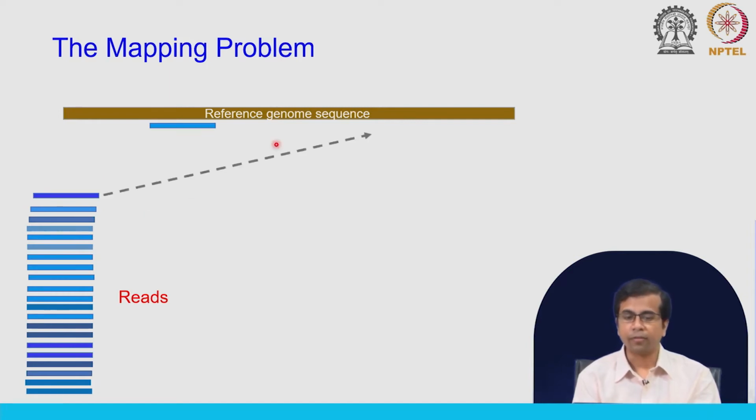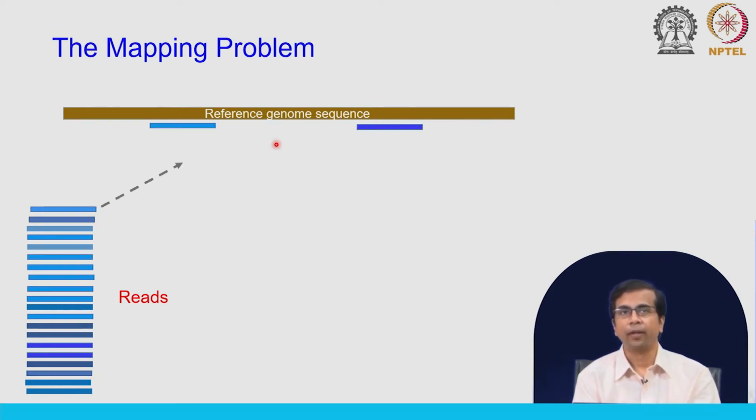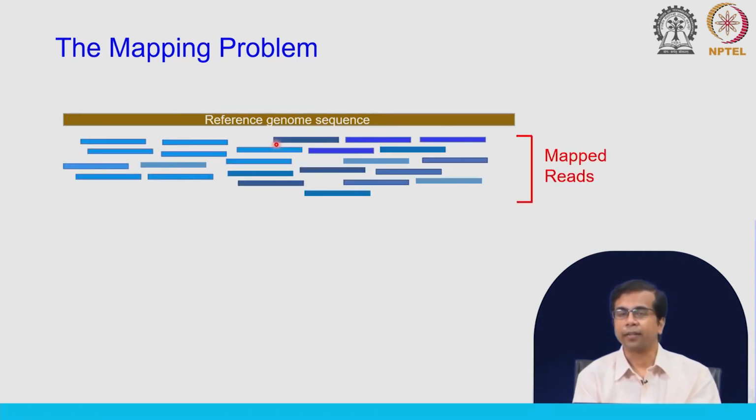We can continue with these reads and we see, okay, this read matches there and it is mapped there, and we continue this process for all the reads. Finally, we get this kind of picture where all reads are mapped against the reference genome, and we know their location. Now, this sounds very simple, but there are of course many challenges which we will discuss today.